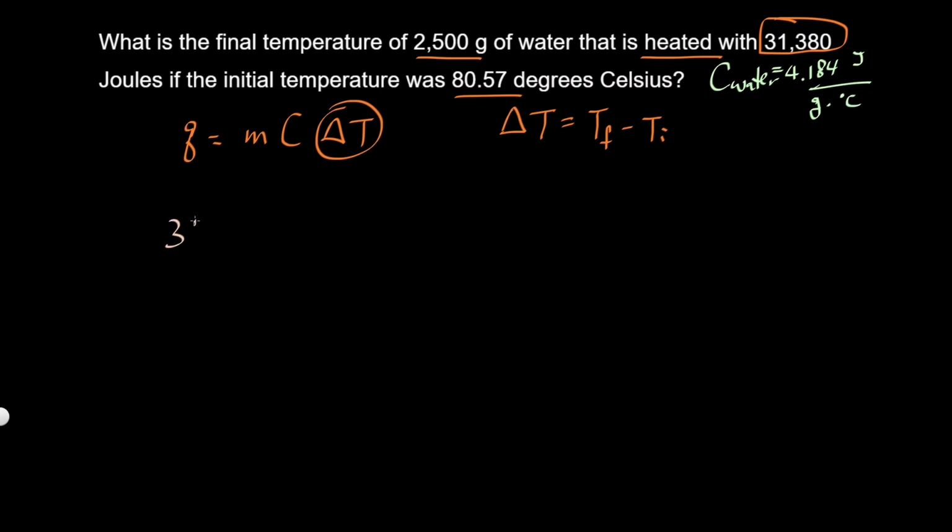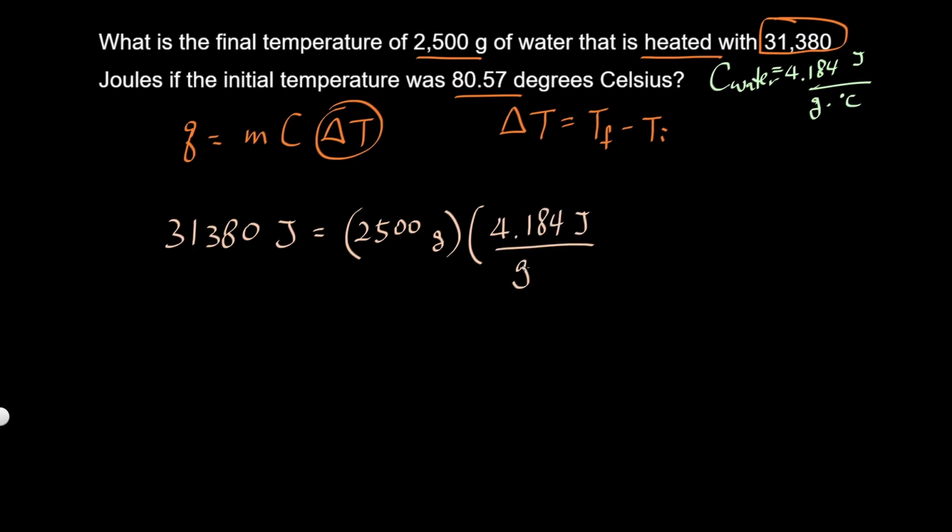So we got 31380 joules is equal to the mass of water, 2500, that's 2 sig fig, grams, times the specific heat of water, 4.184 joules over grams over Celsius, and then delta T. Instead of delta T, I'm going to put T final minus 80.57, and that's Celsius.